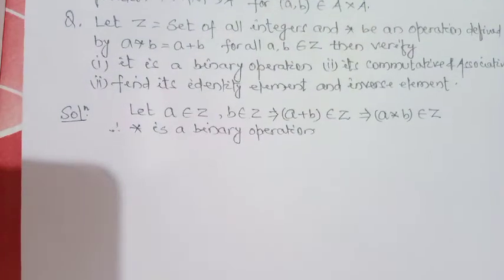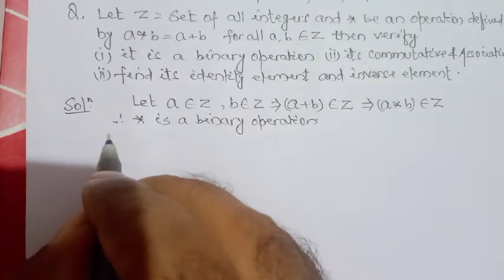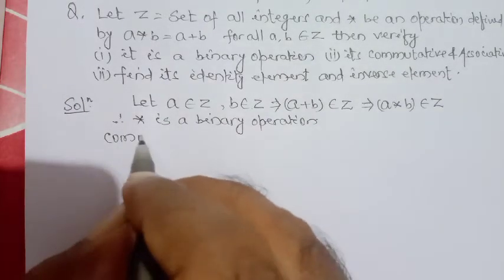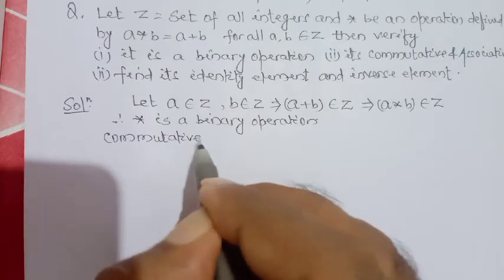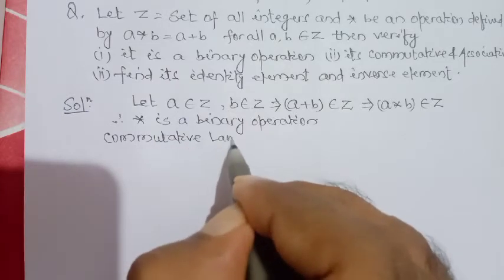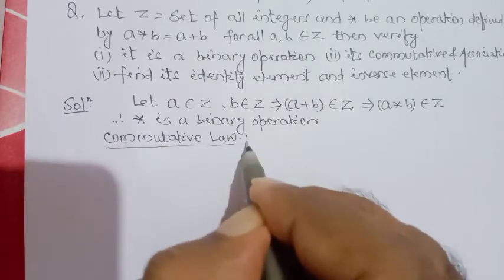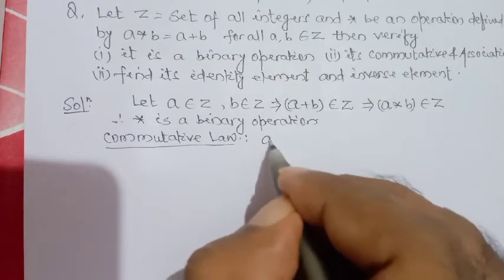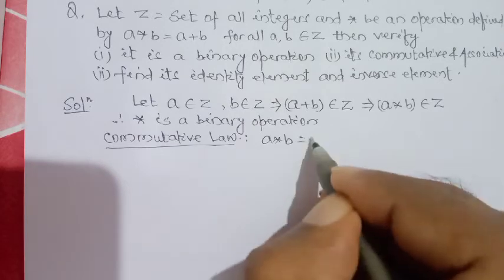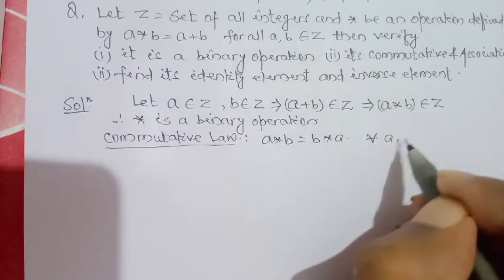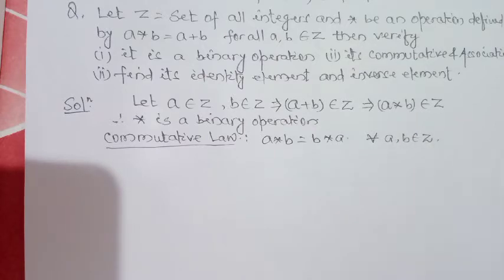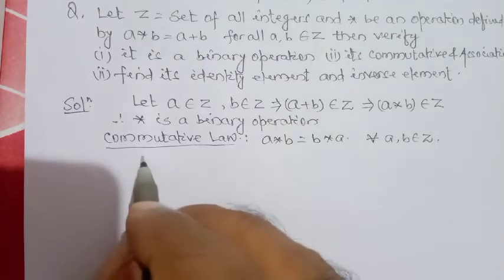Second part, we have to verify commutative law. We know commutative law is to verify a star b is equal to b star a for all a, b belongs to Z. Start from LHS.